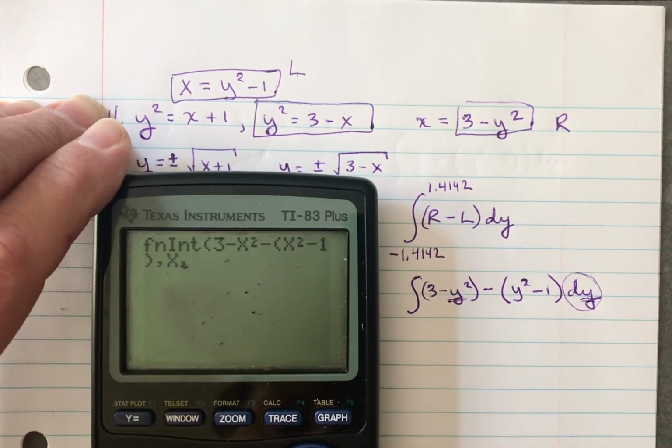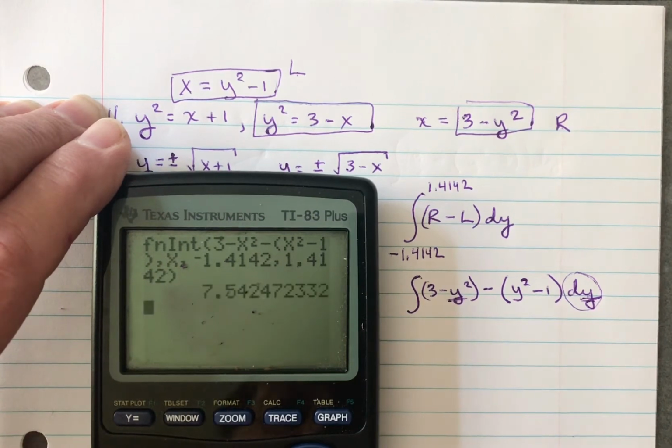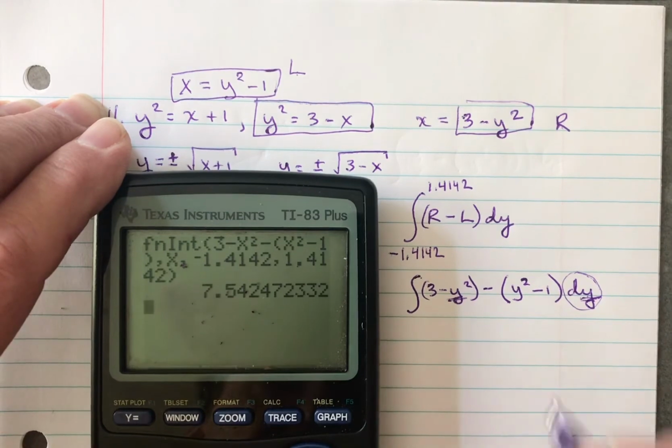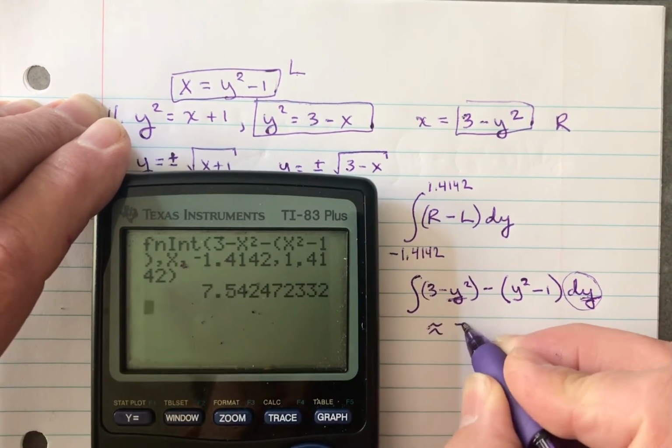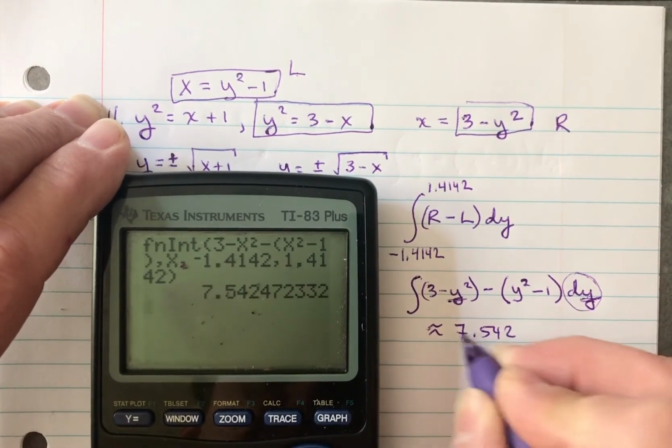And now I'm going to integrate from negative 1.4142 to 1.4142. And when I get that, I end up with 7.542.